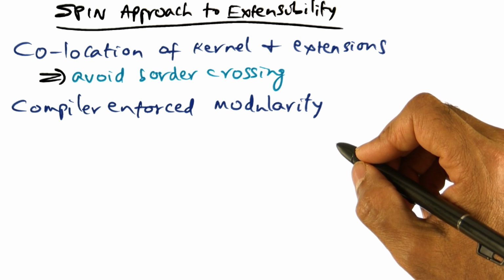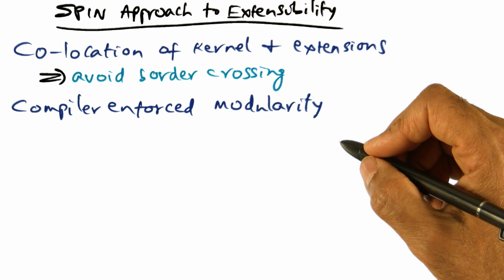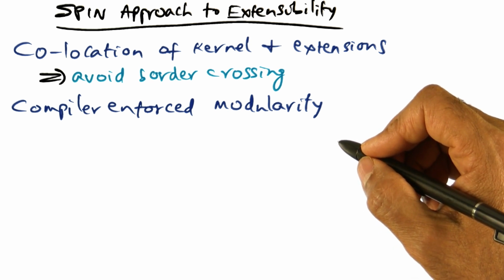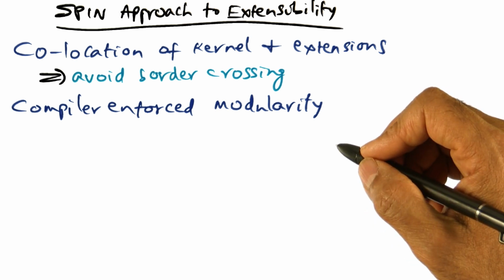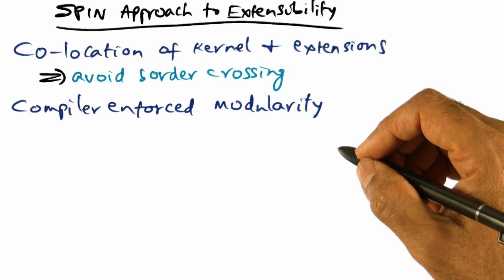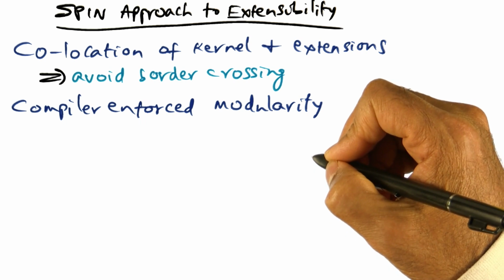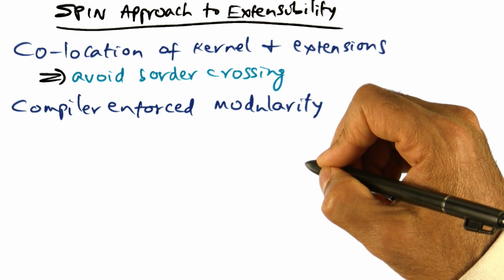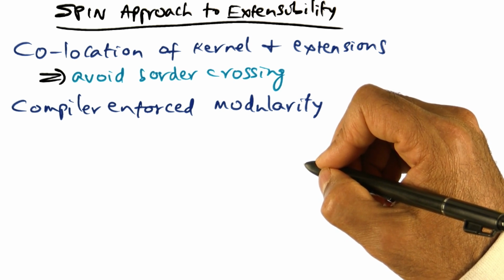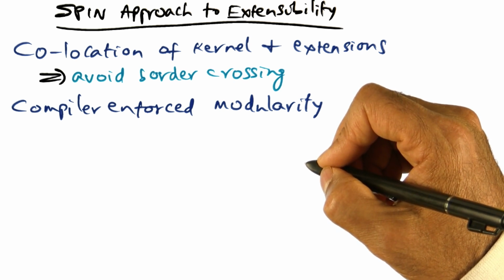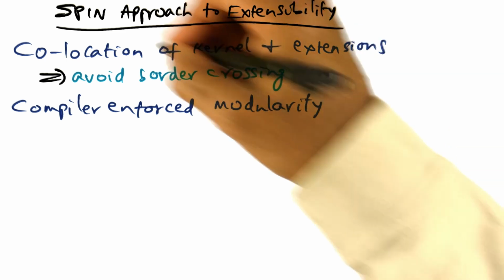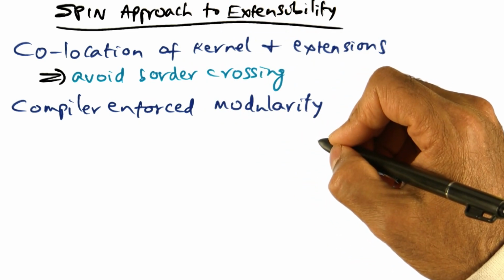All of you may be quite familiar with declaring function prototypes in a header file and having the actual implementation of the procedures in other files in a large software project. This is the same idea that is now taken to the design of the operating system itself. After all, operating system is also a piece of software, a complex piece of software. And why not use a strongly typed language as the basis for building the operating system? That's the idea in the Spin approach.